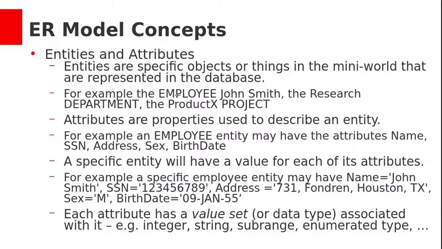Let us see some introduction to ER model concepts. ER model describes data as entities, attributes, and relationships. Let us see entities and attributes now. An entity may be defined as a thing capable of independent existence that can be uniquely identified. It is simply a real world object.